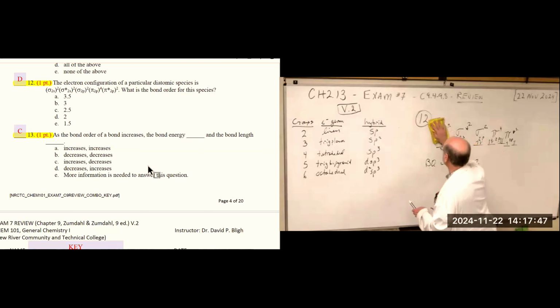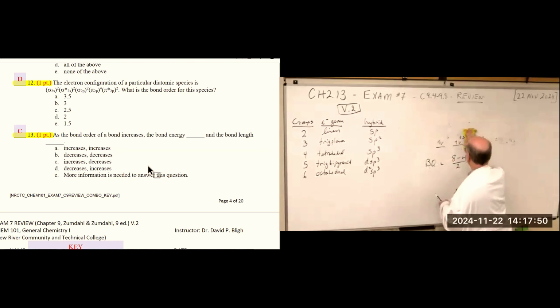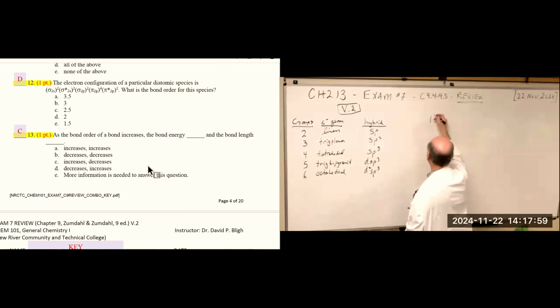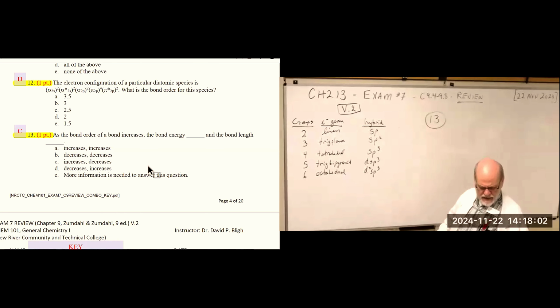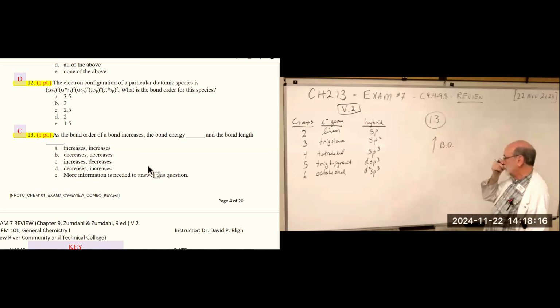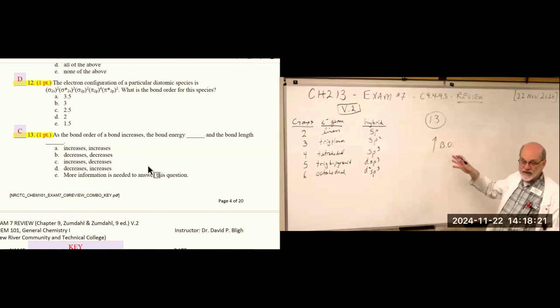13. As the bond order of a bond increases, the bond energy blank and the bond length blank. Okay, as the bond order increases. So if we increase bond order, what we're saying is we're essentially going from single, double, triple, only fractionally.